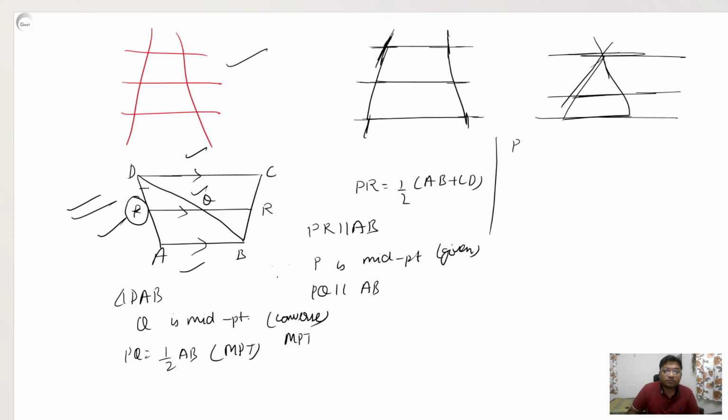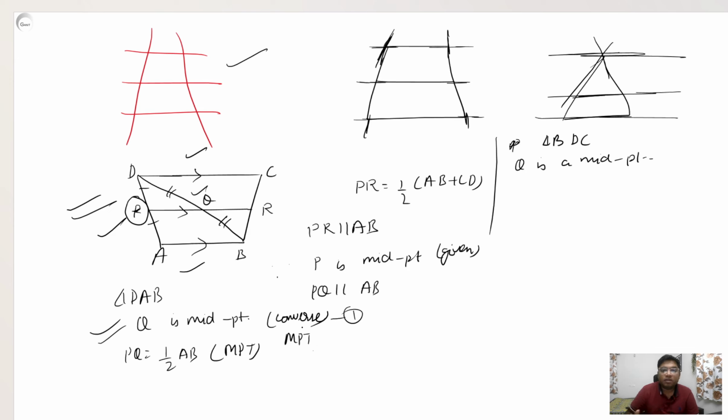Now imagine this. I just showed that Q is the midpoint, correct? Now I'm going to change my triangle, the triangle in which I'm going to search for another midpoint theorem. If you look at triangle BDC, upside down, we know that Q is a midpoint. We know that, right? From where? From equation number 1.